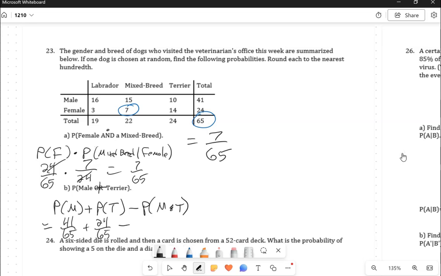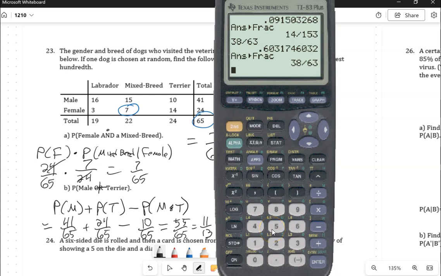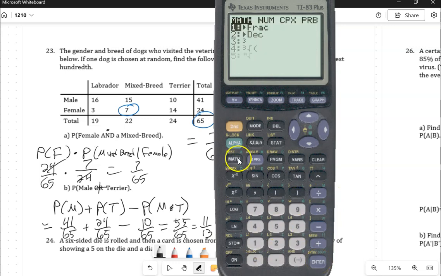And minus the probability of the male terriers, the 10 out of 65. That's 41. I think it's 55 out of 65, which reduces to 11 out of 13. But that's something, again, that I wouldn't mess around with my brain on test day. Know your tools.